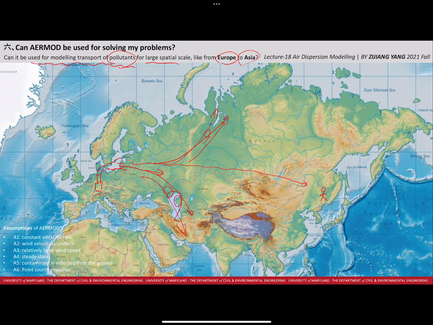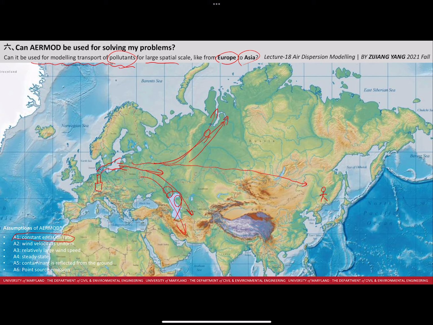The westerlies go like that, and then once you get to around Sub-Saharan Africa, they start to turn. Yeah, like the Coriolis force, something like that. Anyway, so we cannot, and we can see it doesn't satisfy the first assumption.